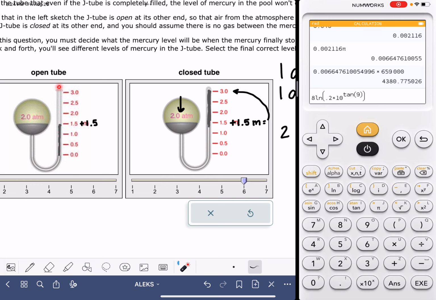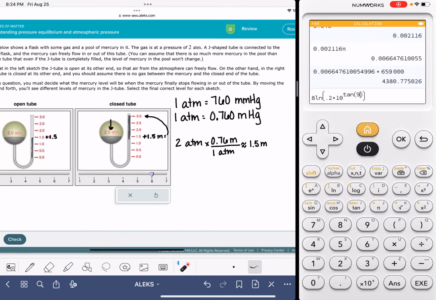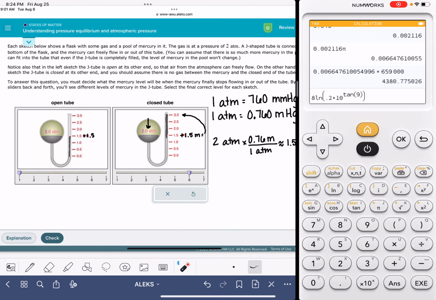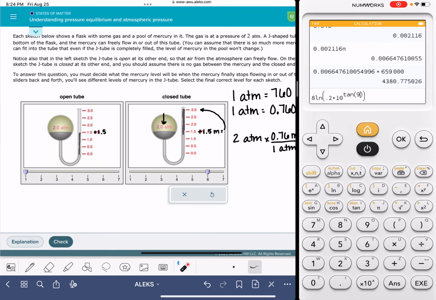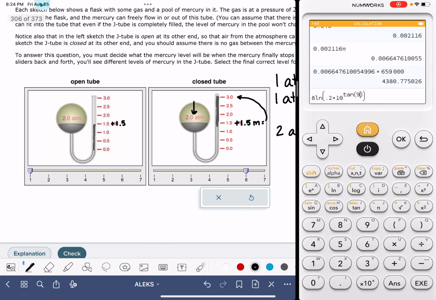But here we also have to take into consideration that this is now an open tube, which means that the atmosphere is going to be pushing down on the gas as well. I'm trying to see if it tells us anything about the pressure of the atmosphere. I don't see that anywhere in here. So we're going to assume that the pressure of the atmosphere is pushing down with 1 atmosphere, which is pretty standard for atmospheric pressure.